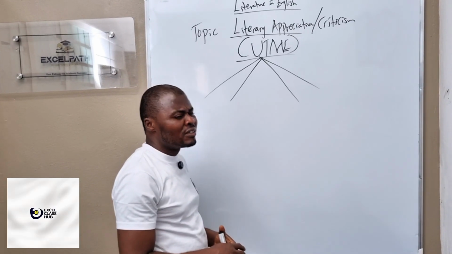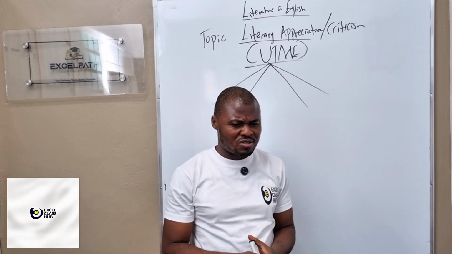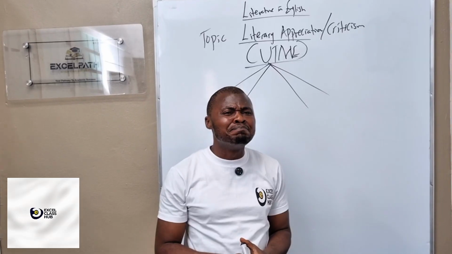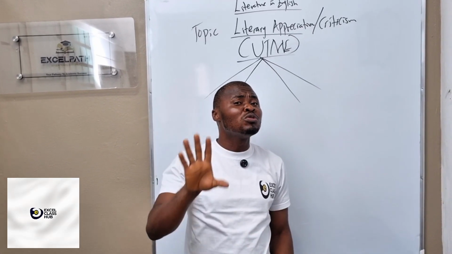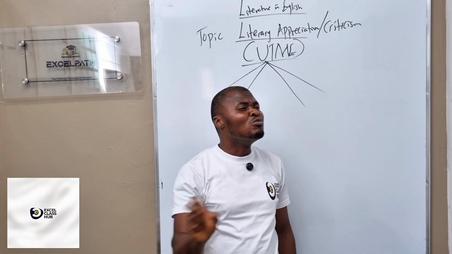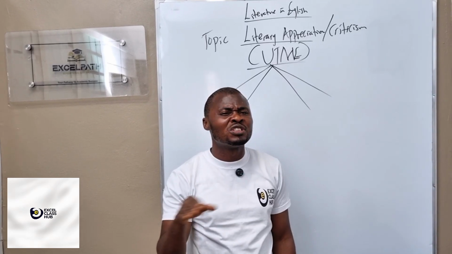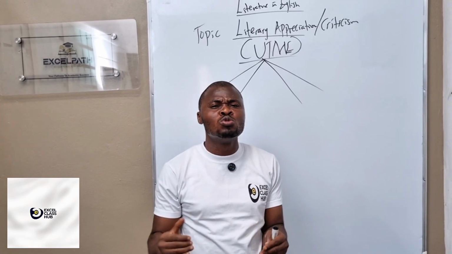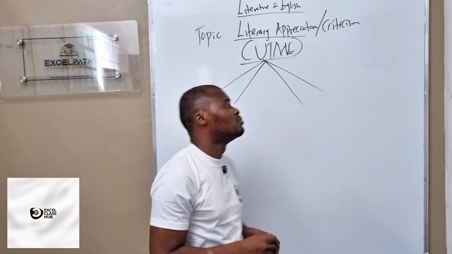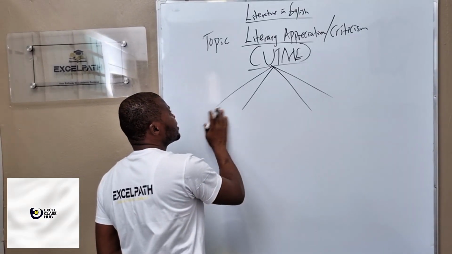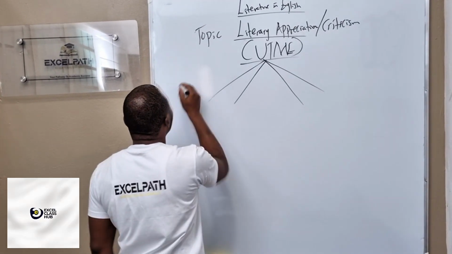Now, when we talk about literary criticism, there are questions that come from different backgrounds. So we want to look at these types of criticism. We have different forms of appreciation and criticism before we go into the tools themselves. So the first criticism in literature is called formalism.